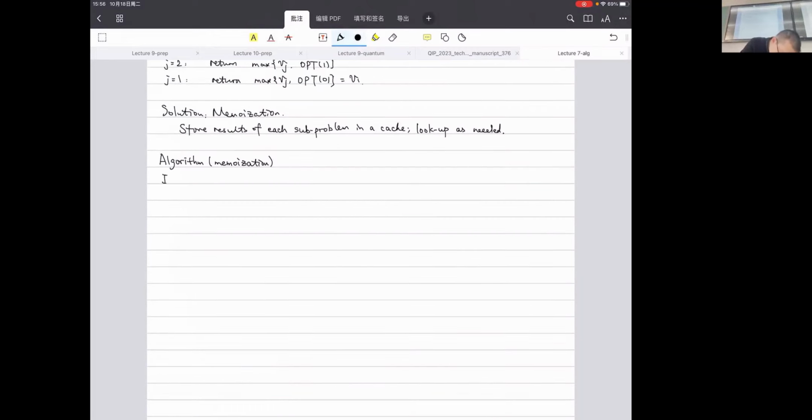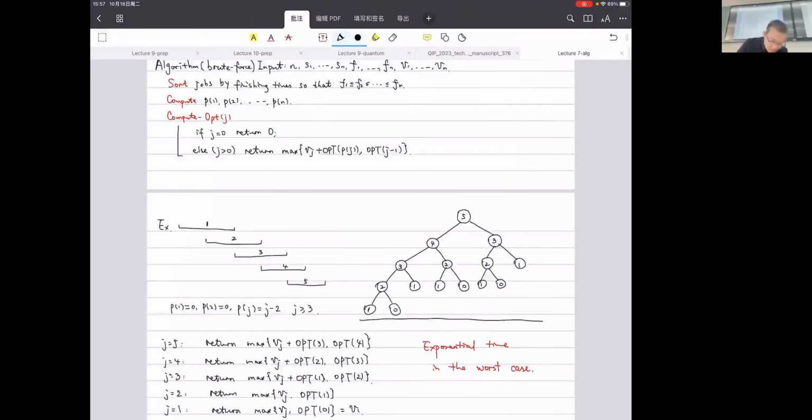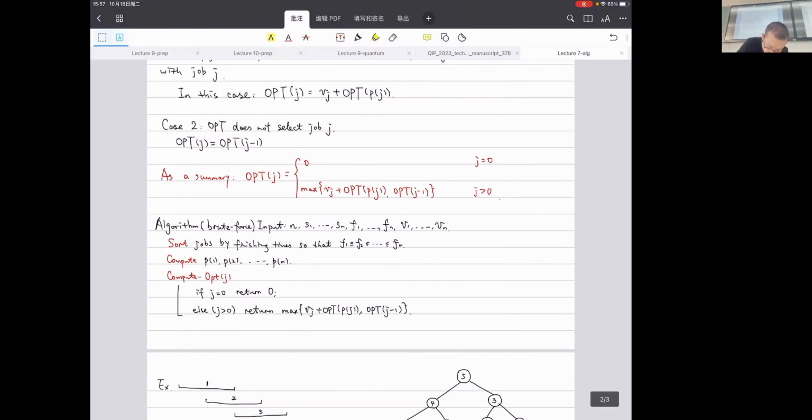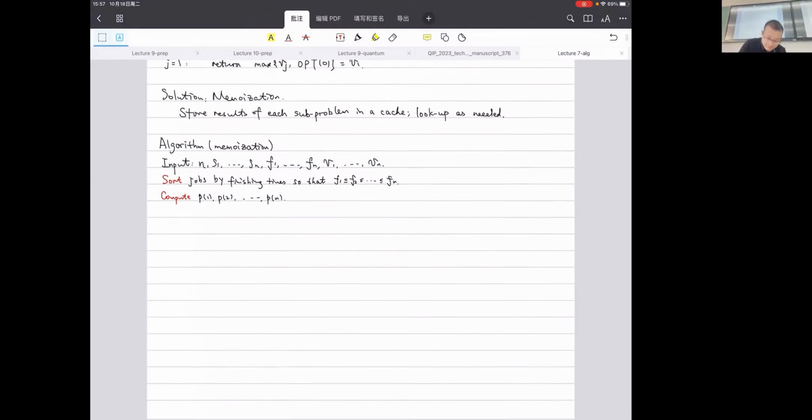The input is still going to be n, S1 to Sn, and of course all the finishing times and also all the values. I can copy and paste the first two lines. We need to sort the jobs by their finishing time so that F1 is at most F2, at most Fn, etc. And we need to compute all these values of P's here.